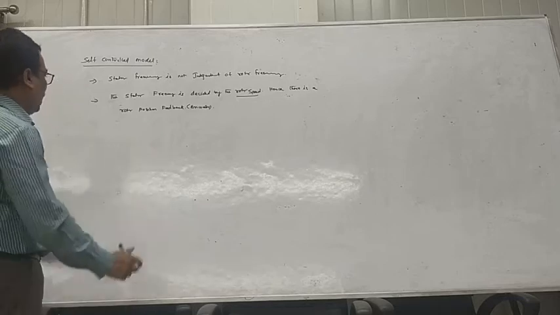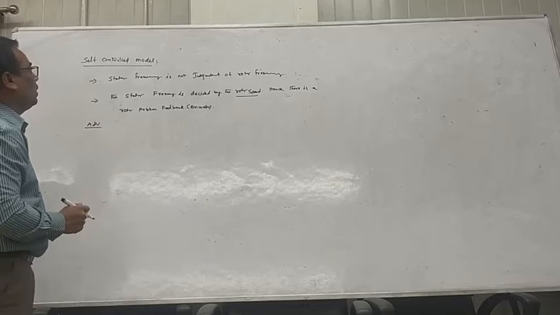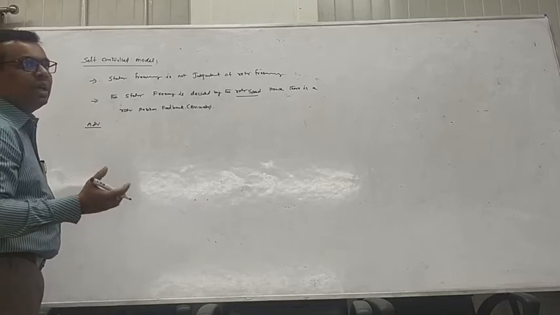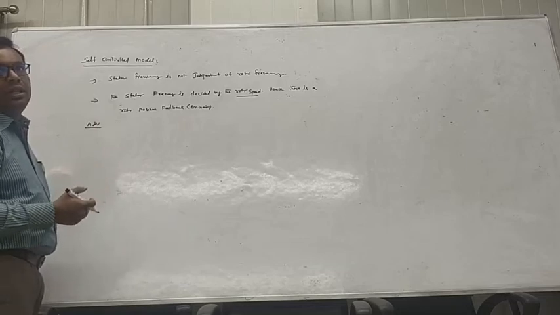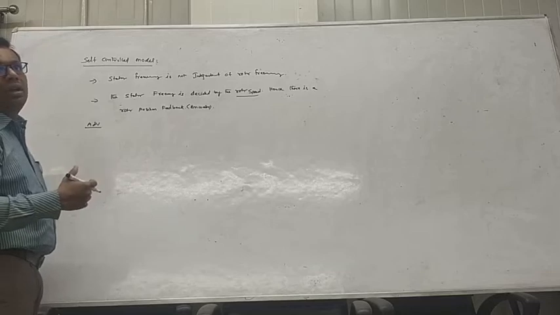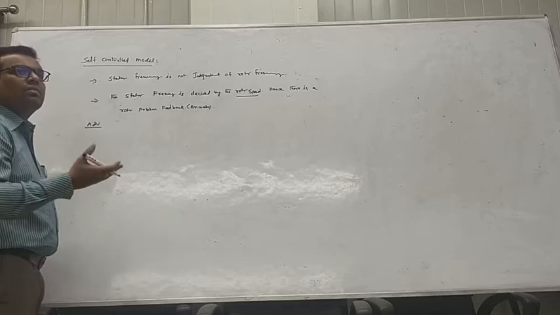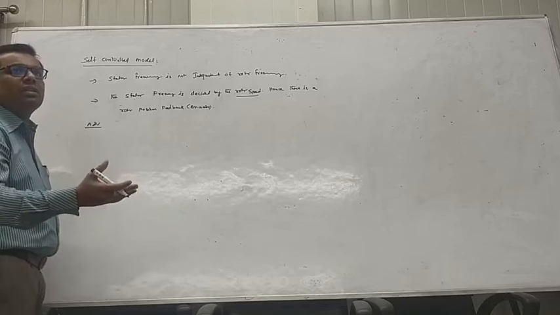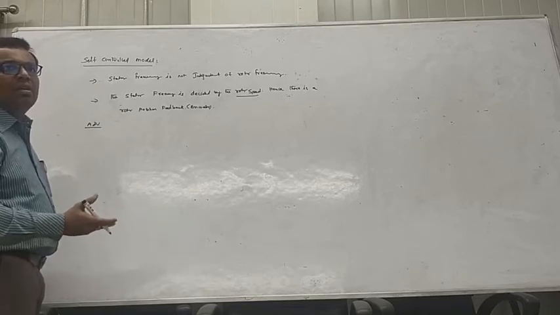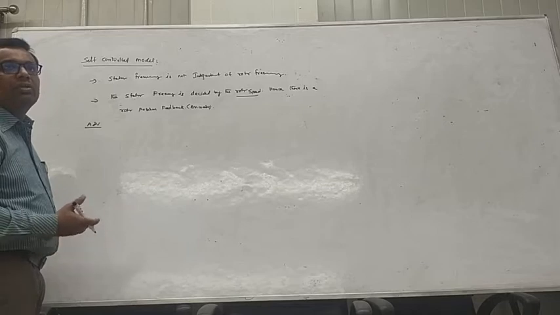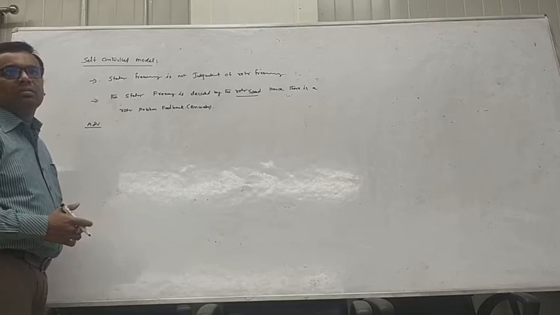The advantage of the self-controlled mode is that in the earlier true synchronous mode, the hunting phenomenon is present, but in self-controlled mode the hunting phenomenon is completely eliminated, because the synchronous speed and the rotor speed are equal. If they are equal, there should be no hunting and no oscillations in the rotor circuit.